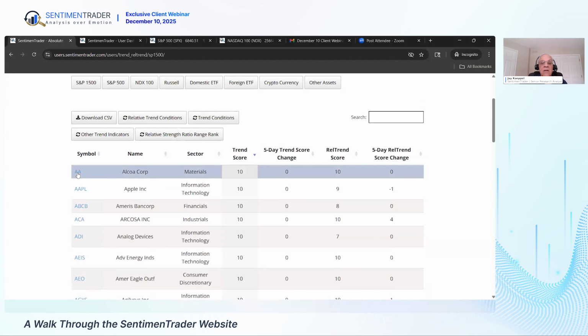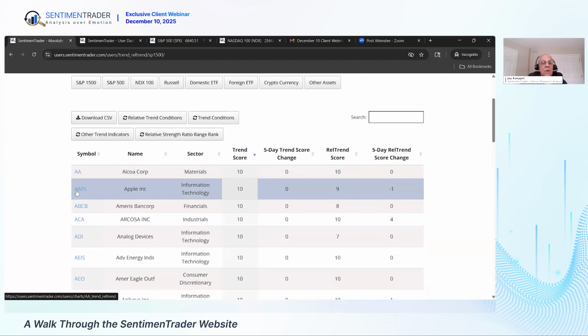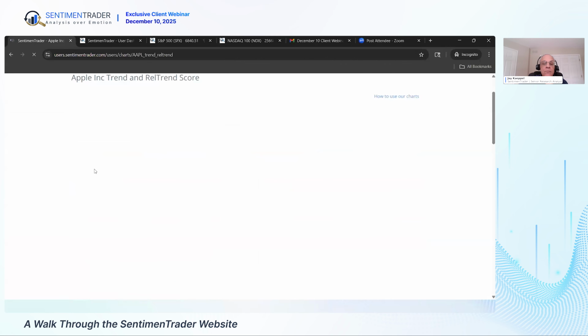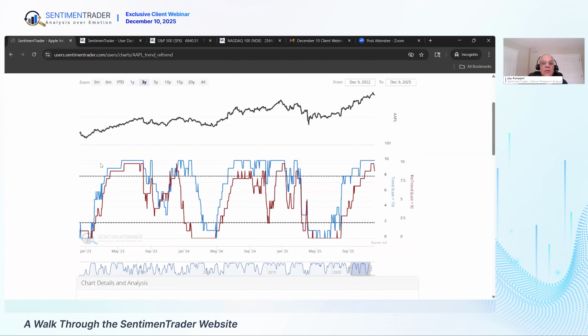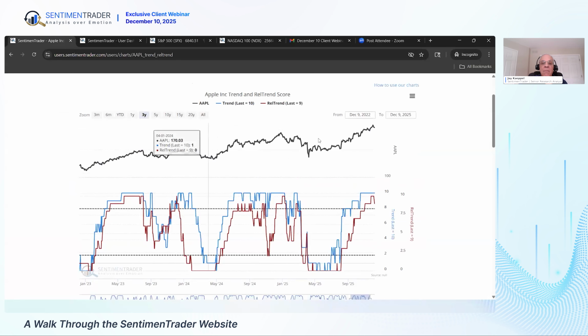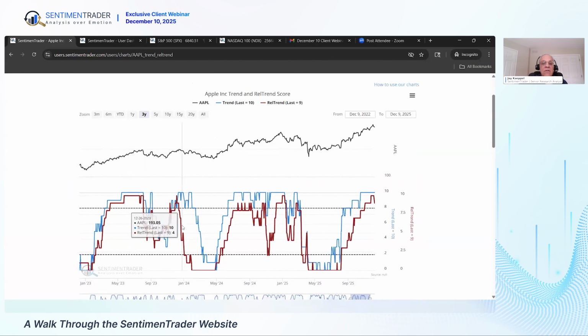What is that? Let's click on, well, we're going to go to Apple since most people know that one. And so what we see is Apple price up here. The blue line is the trend score, and the dark line is the relative trend score.